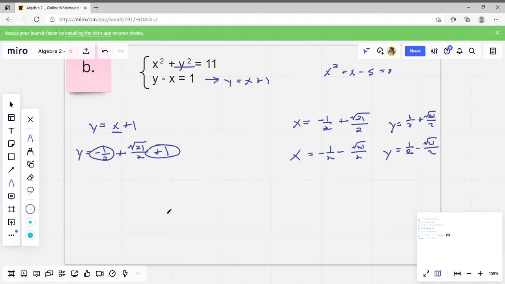Let me double check that. It says negative 1/2 plus the square root of 21 over 2, positive 1/2 plus the square root of 21 over 2. Yep. So when you write it, you'd write it as an ordered pair.